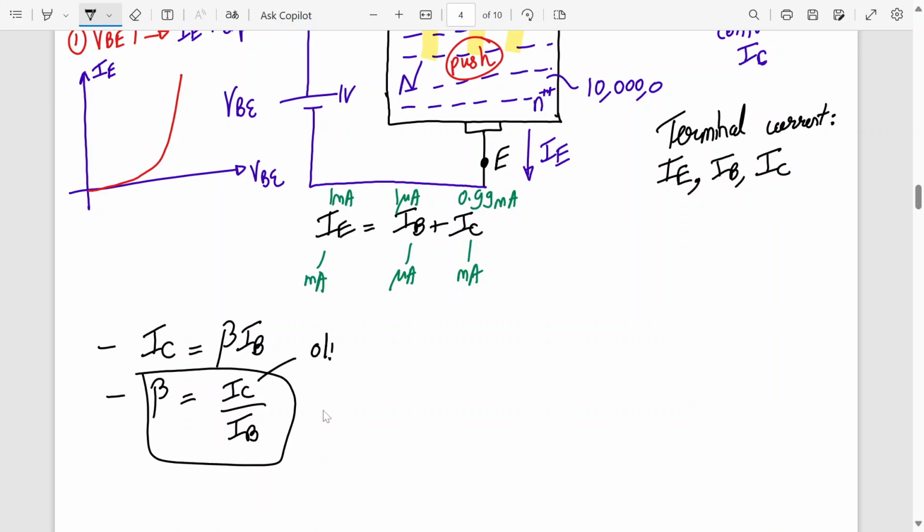IC is the output current, and IB is the input current. And beta is called the current gain of BJT. We have one more current gain.